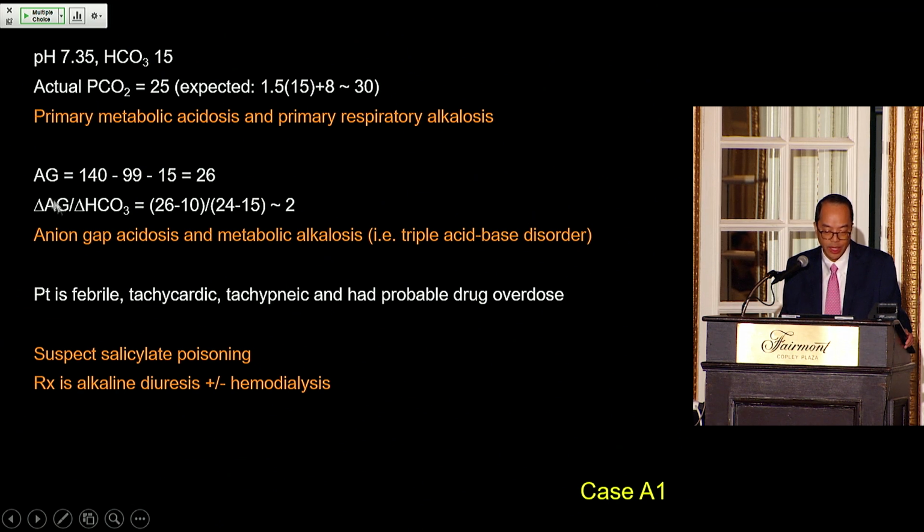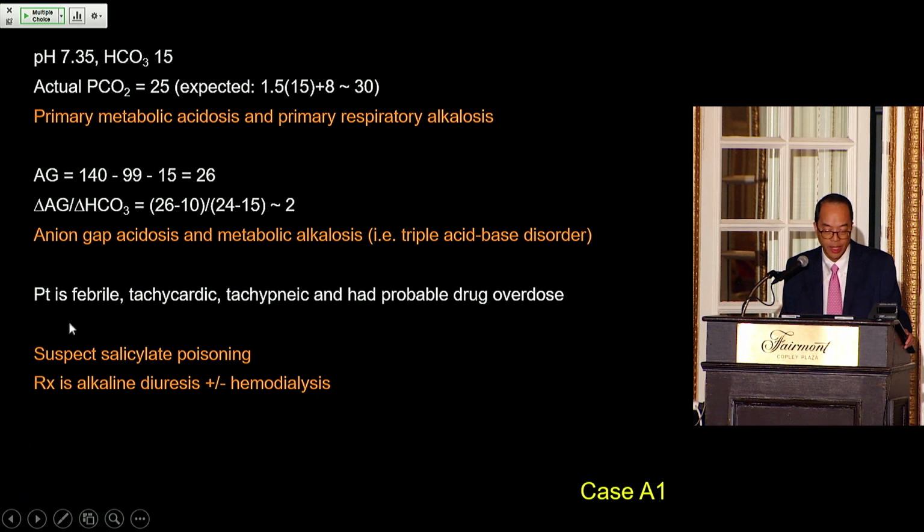If you do the delta-delta, then the change in the anion gap is 26 minus 10, which is 16. The change in the bicarb is 24 minus the actual bicarb of 15, which is 9, and the ratio is 2. So it looks like a triple acid-base disorder, that there's also perhaps a superimposed metabolic alkalosis.